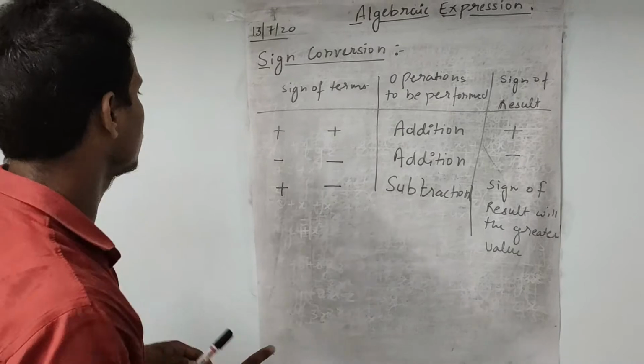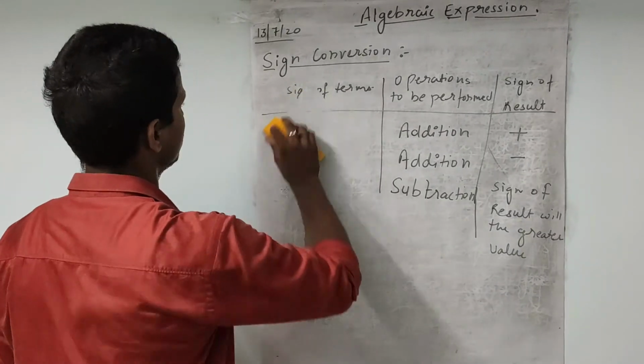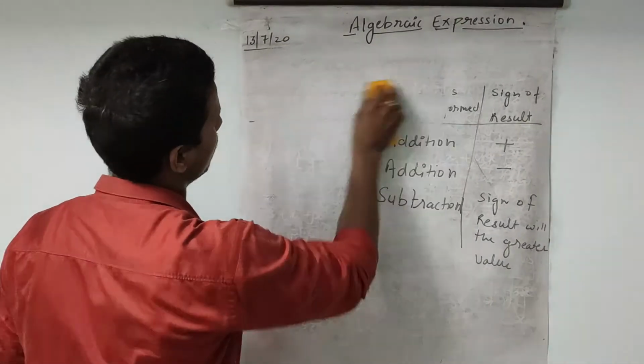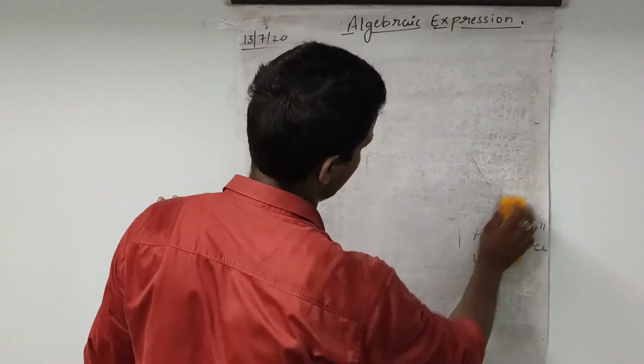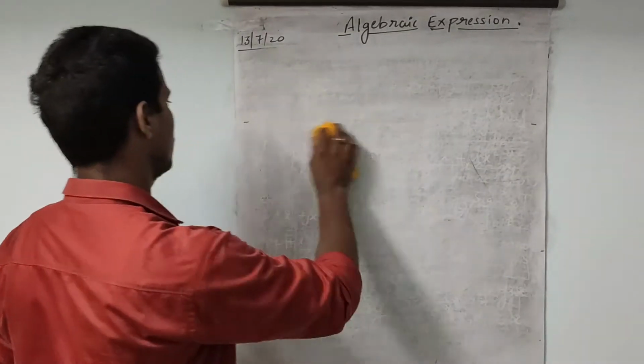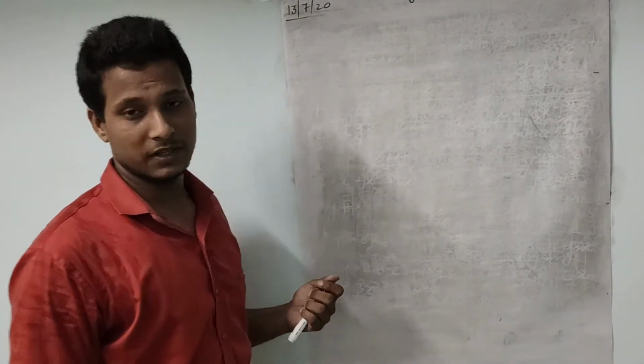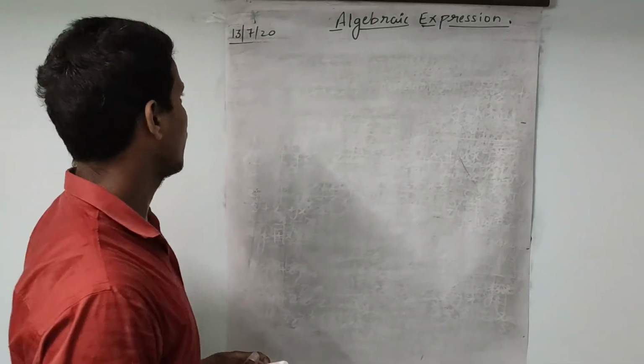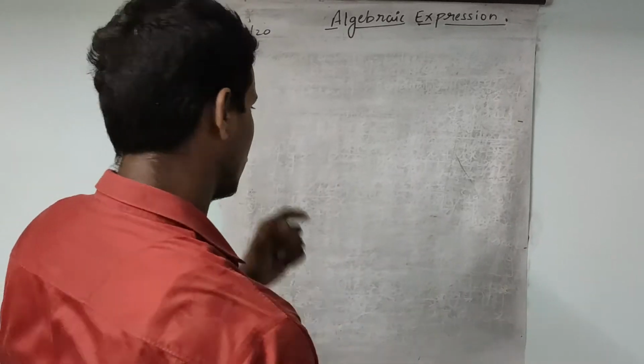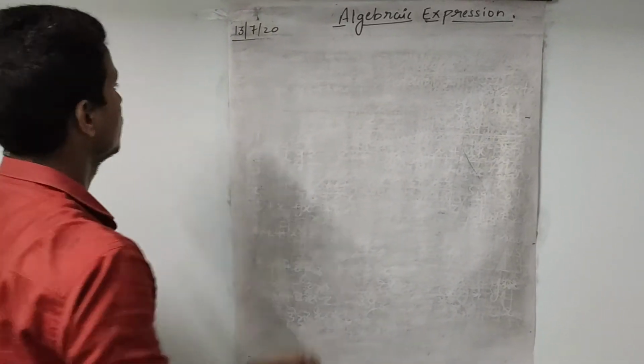Okay. Now we will go to the subtraction one. How will we perform subtraction? Generally we will use the column method for subtraction, because it is easy and there is no need to worry.